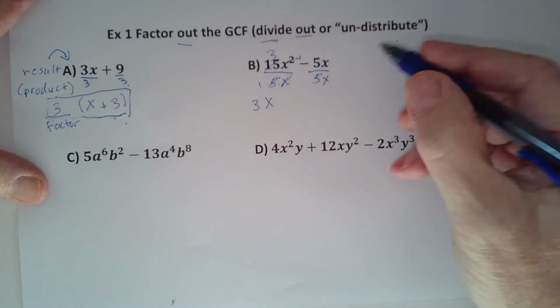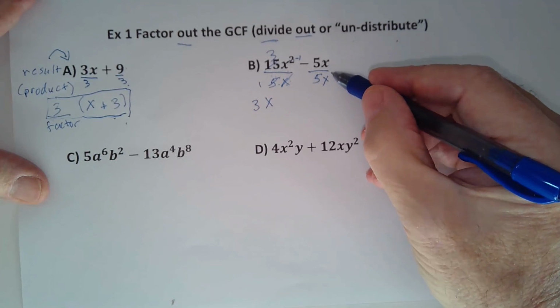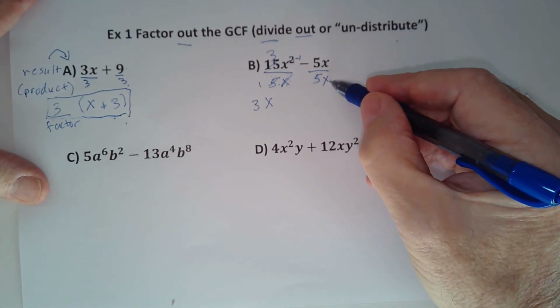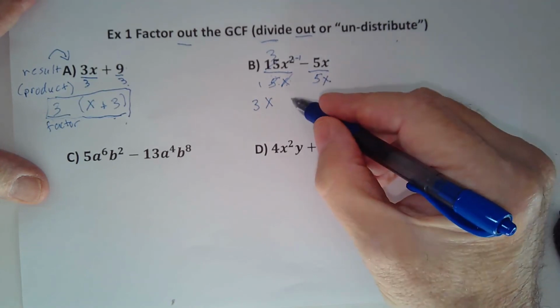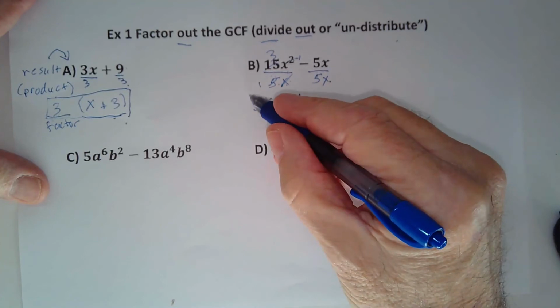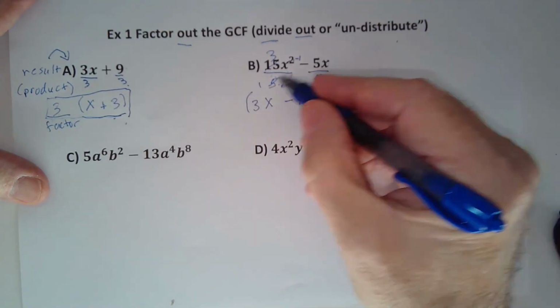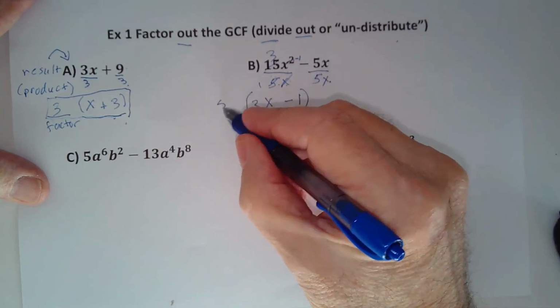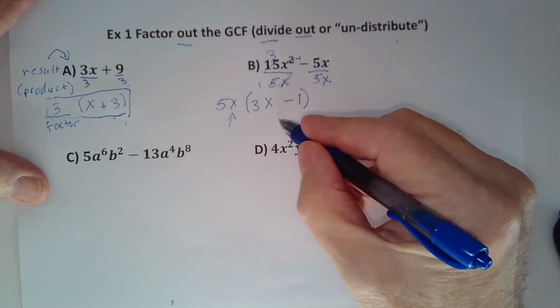Okay, and then what is negative 5x divided by 5x? Well, these are all the same, so it's got to be negative 1. Now, remember, we still have the 5x down here. It's multiplied to the 3x minus 1. So these are the factors.